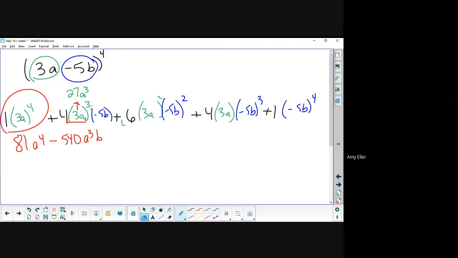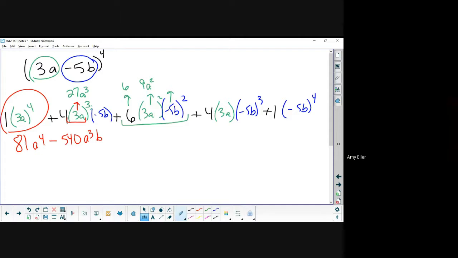I'm working on this one here. 6 is just 6, so there's nothing that needs to be simplified there. If I simplify this green part, 3a squared is 9a squared. Simplify what's in blue. Negative 5b, quantity squared.